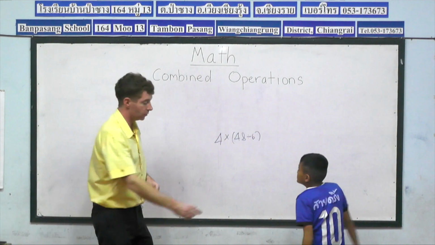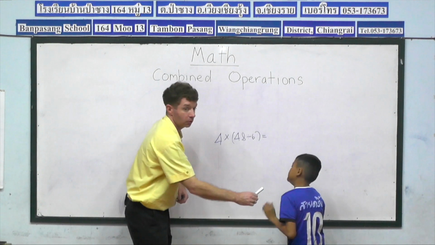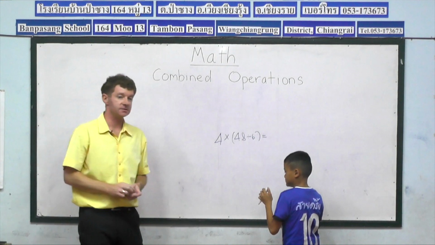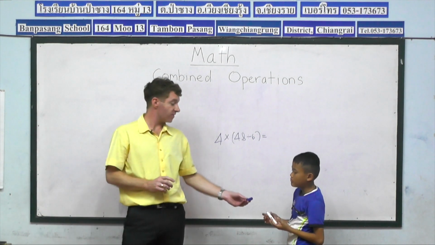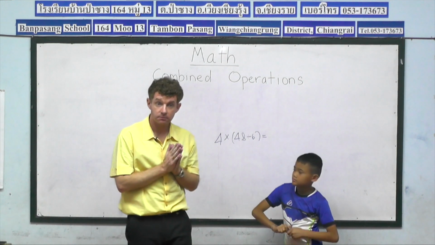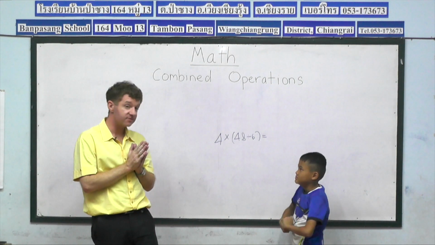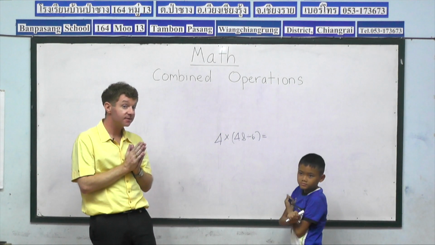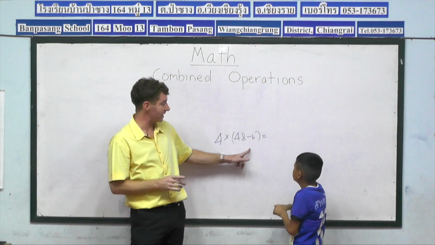Okay, now we've got Chew's combined operation on the board. Where do we begin, guys? 48 divided by 6. Does it? Chew, are you happy? 48 divided by 6 equals 8. Excellent. So Chew, we can write the answer 8 here.